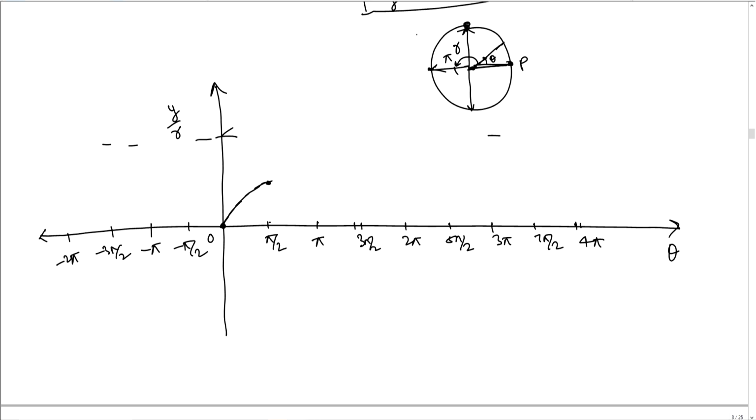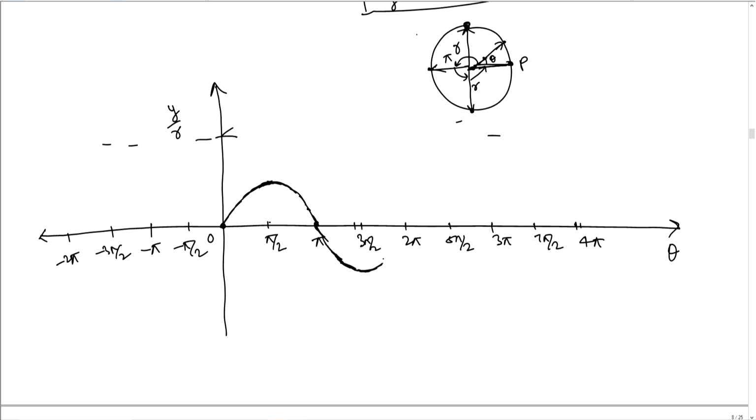At this angle 3 pi by 2 height becomes minus r, okay, and again at 360 degrees height again becomes 0. Yes, this is how the ladder is rotating. So, this value of y by r, basically value of the function, keeps on increasing, and would again become 0 at pi and keep on decreasing and would become minus r at 3 pi by 2.